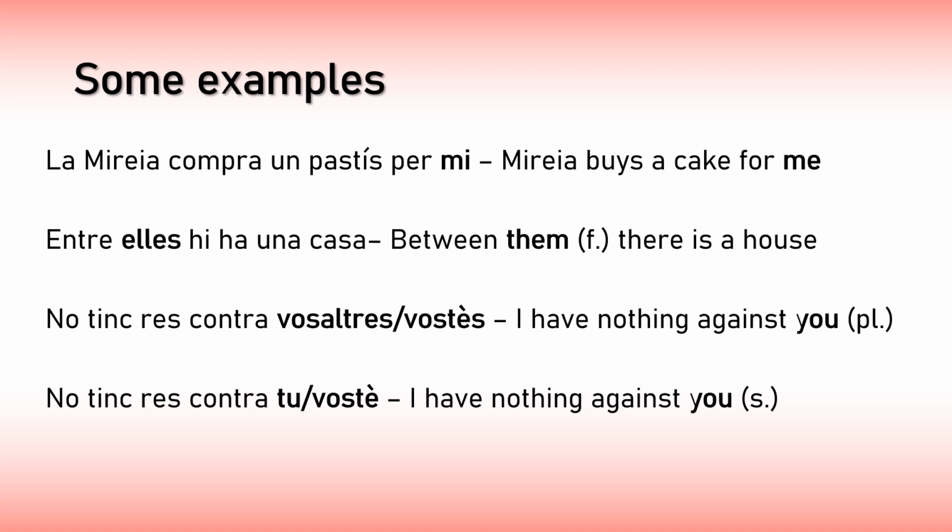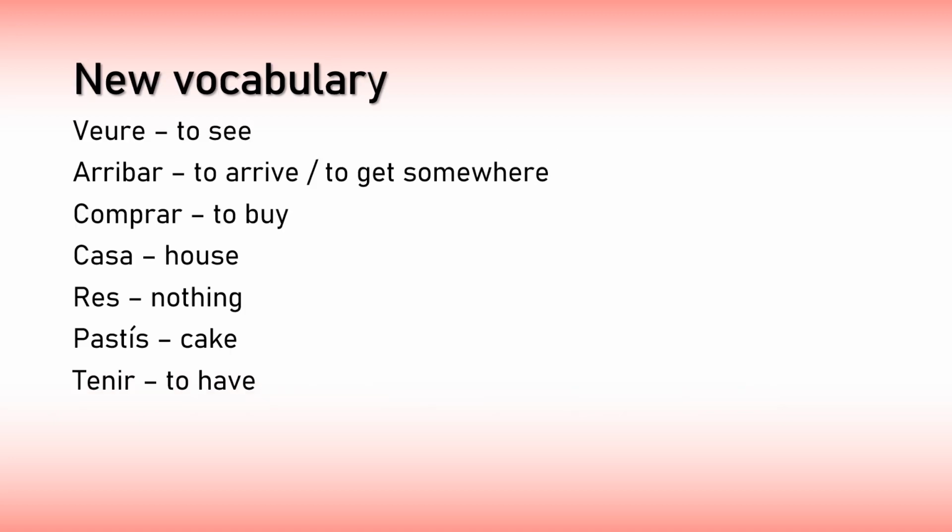So we've seen also new vocabulary in this lesson. We can go over it. As you can see, the new verbs are always in the infinitive form because it's like a default form that we use. So we have seen the verb veure, which is to see. Arribar, which is to arrive or to get somewhere.